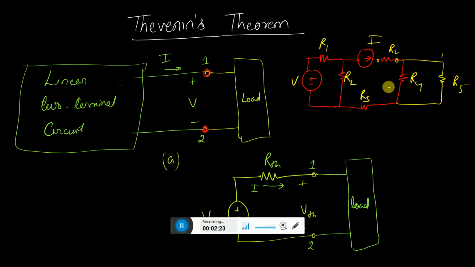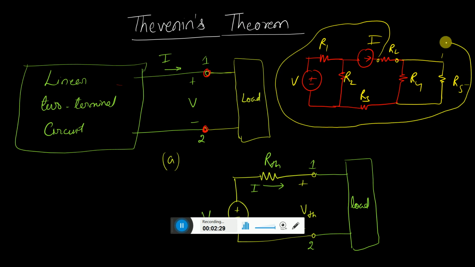Now the circumstances change. You have to visualize this entire circuit in this way, and this load RL is taken out. An examiner can give anyone as the load resistance, and you need to find the current through it.